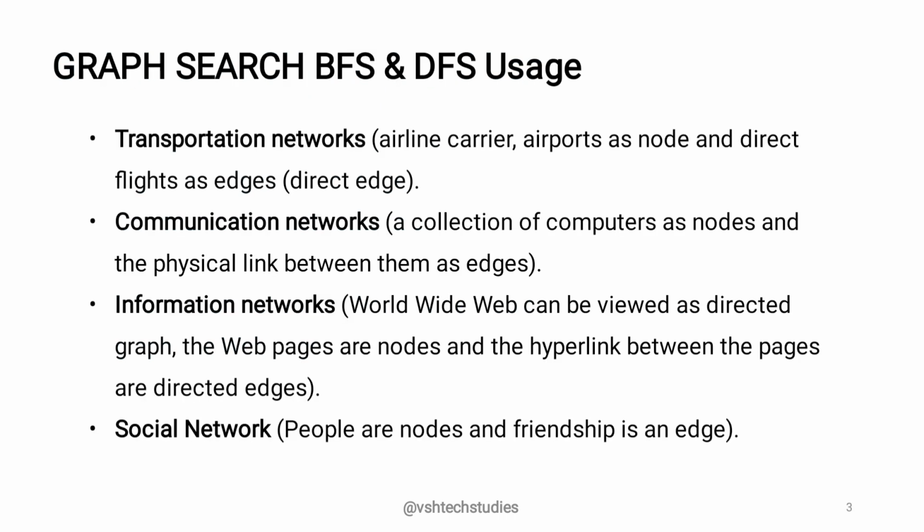Where are these used? These traversal techniques are used in transportation networks, communication networks, information networks and social networks. In a social network, people are nodes and friendship is an edge. In an information network, web pages are nodes and the hyperlinks between the pages are directed edges.